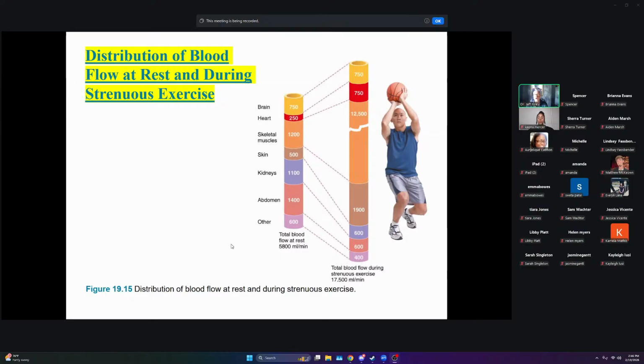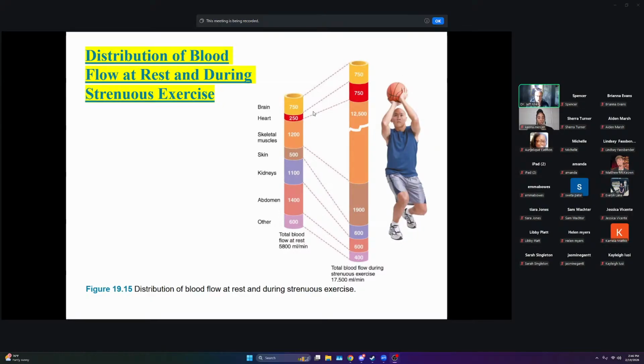So what we're seeing in these charts is a comparison of blood flow in a given region. Remember, I've been talking a lot about blood redirection or blood redistribution through vasoconstriction or vasodilation of arterioles, right? When some disruption or change occurs, and exercise is certainly a disruption or a change, blood needs to be redistributed to accommodate that change. So what we're looking at here is blood flow at rest versus blood flow during strenuous exercise.